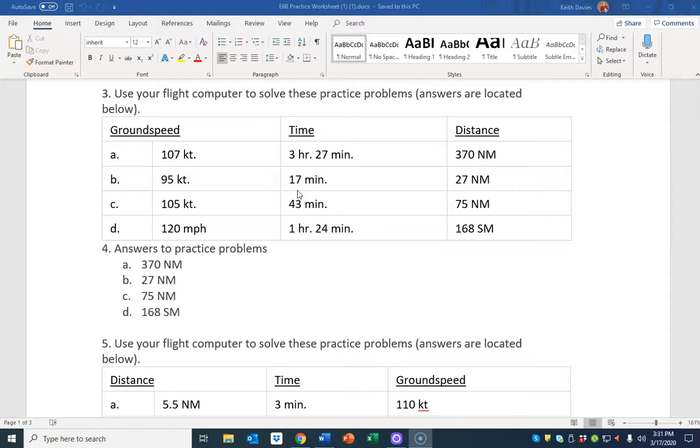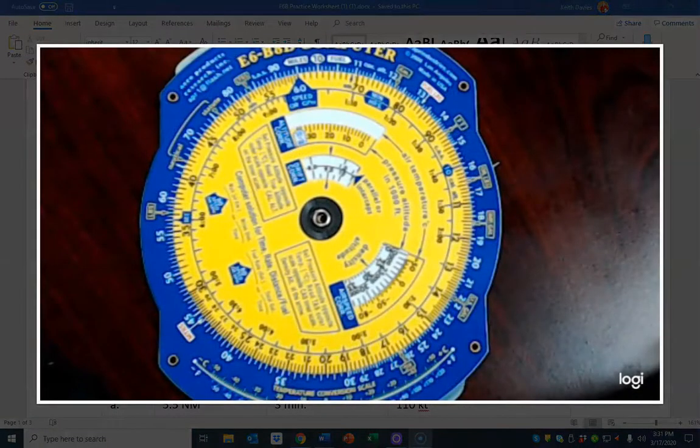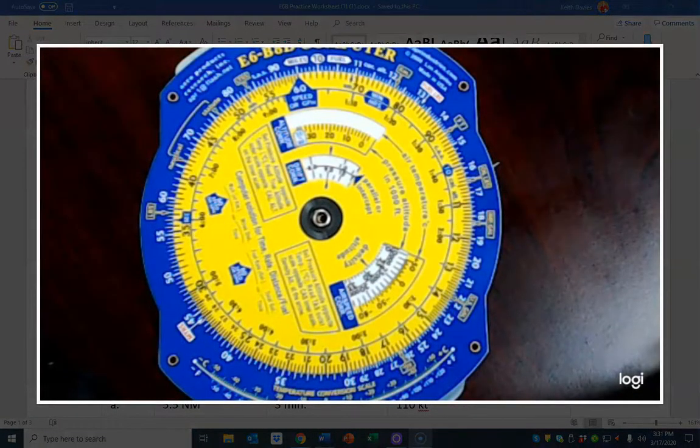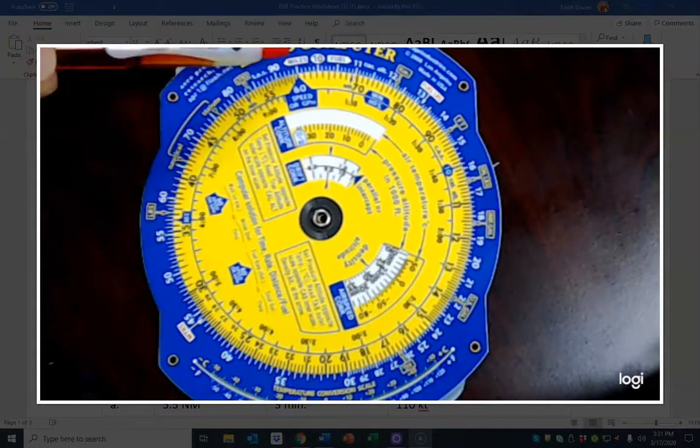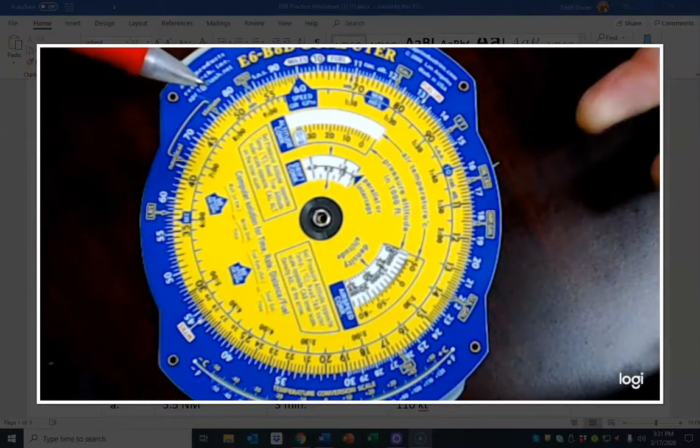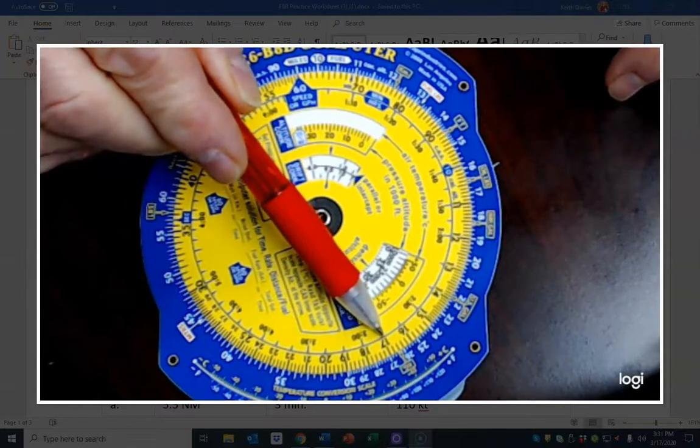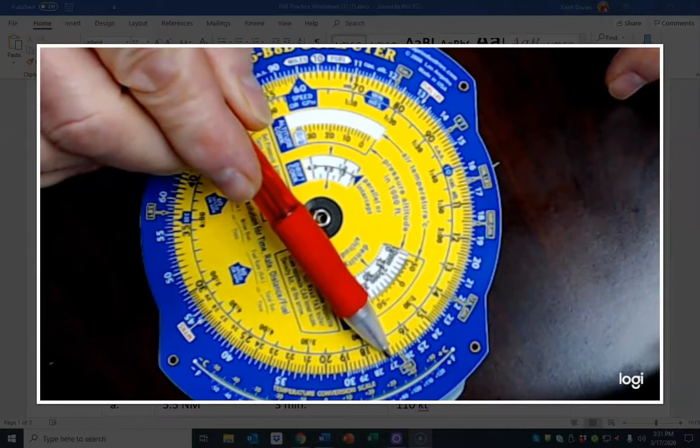And how long is it going to take me to go 17 minutes? All right, so I've got it on 95 knots. And now I'm going to read time off the B scale. All right, right there. There's the 17 minutes. I'm going to go about 27 miles.